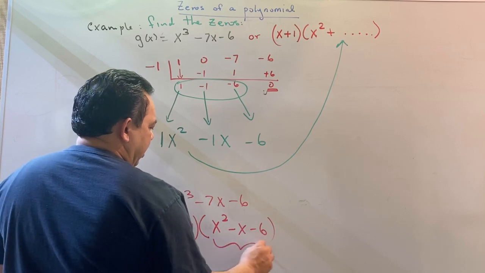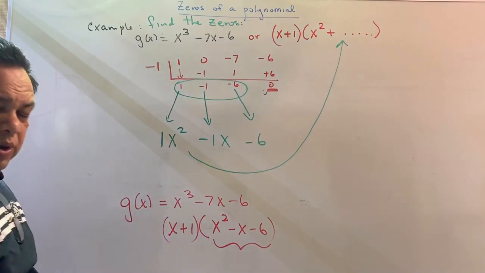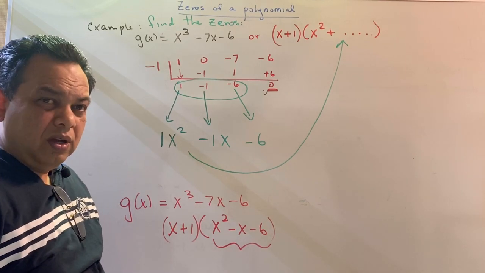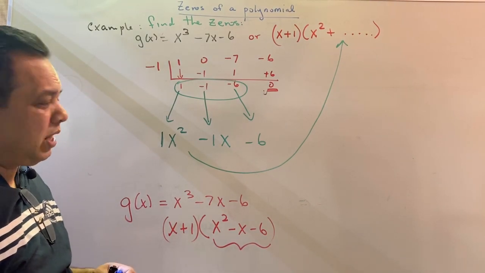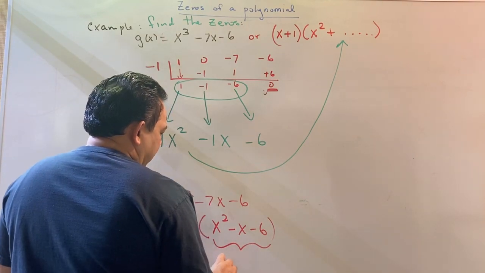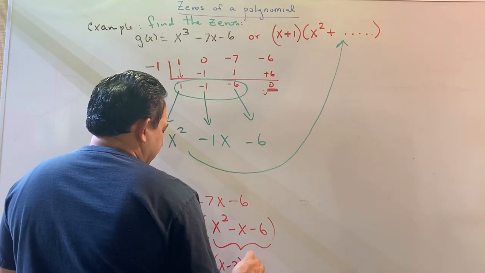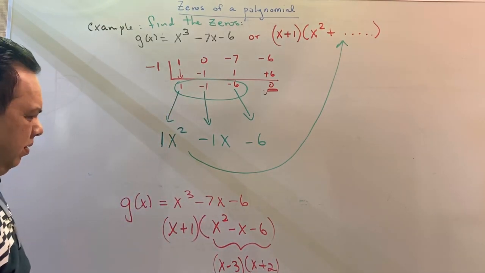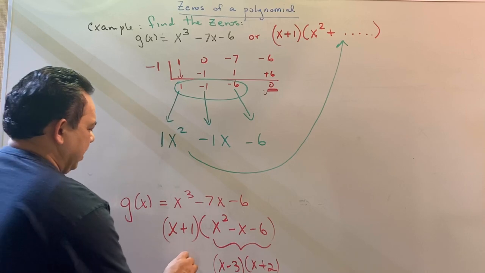And now clearly, this is a quadratic. We could either factor this, or we could find the zeros by the quadratic formula. Well, I think this can be factored. So we have x minus 3 times x plus 2, and here we have x plus 1.